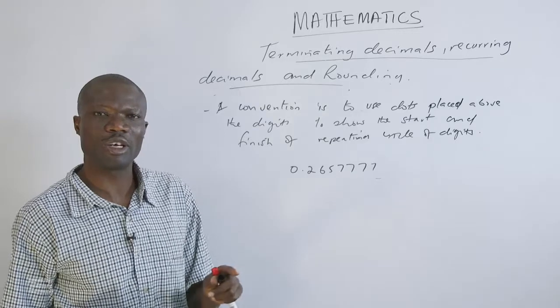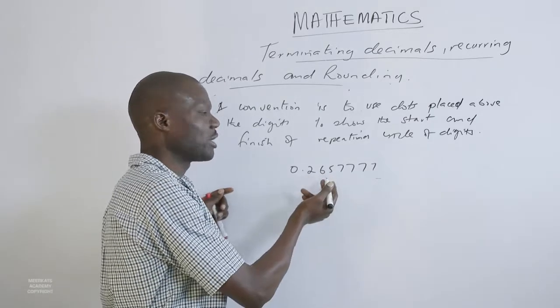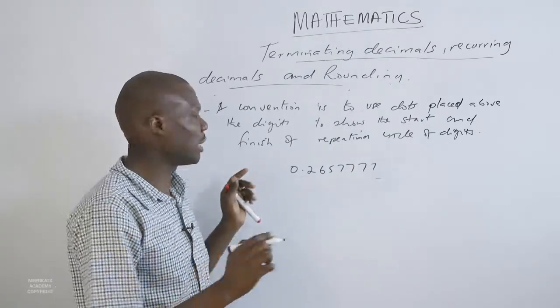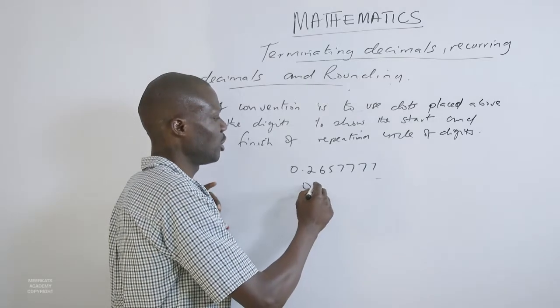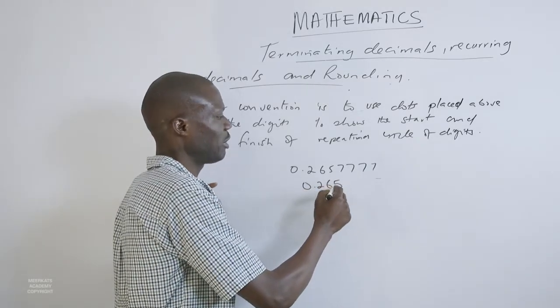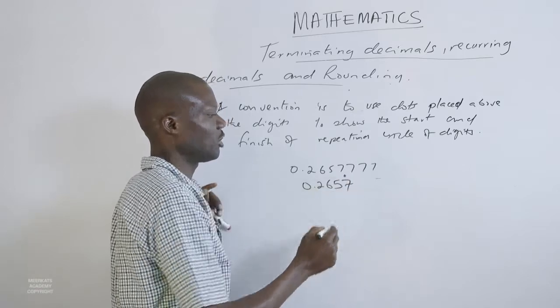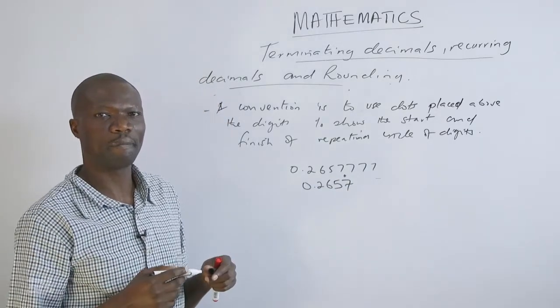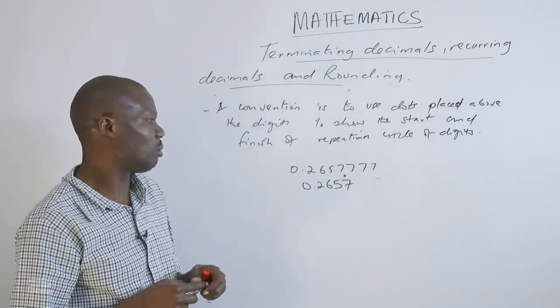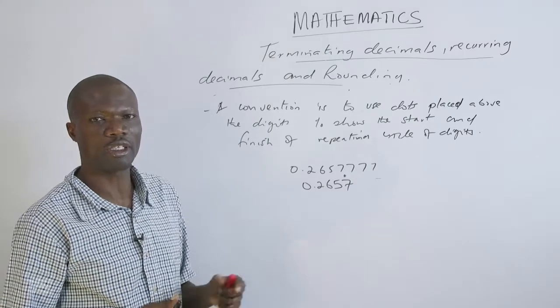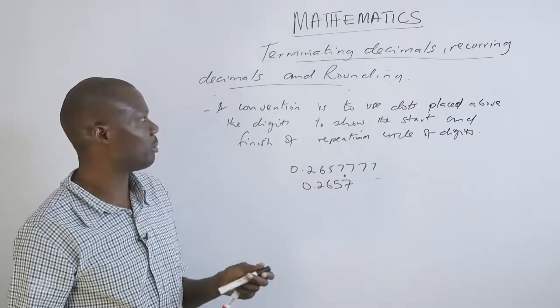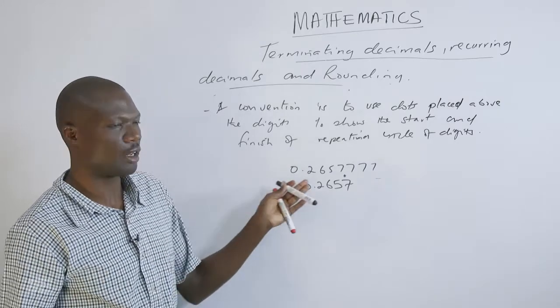So 7 is the one recurring. So the 2, 6, and 5, we shall not put anything above them. So it will be 0.265, and then the 7 that is recurring, we place a dot above it. That is how we can write a recurring decimal briefly and precisely.